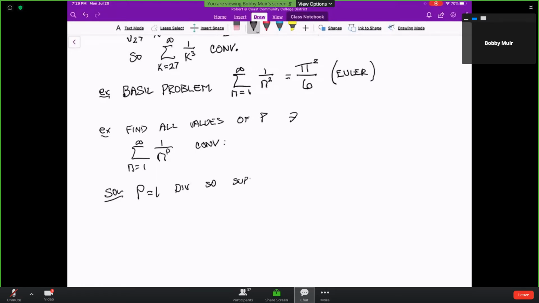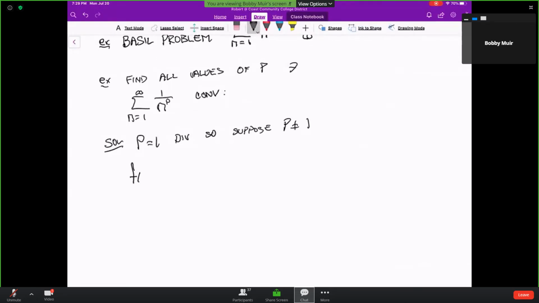So suppose p doesn't equal 1. My function, f of x, is going to be 1 over x to the p. And hopefully you guys did this problem when we were in this section, because this is always in there. The integral from 1 to infinity of x to the negative p dx. That's x to the negative p plus 1 divided by negative p plus 1, evaluated at 1 and infinity.